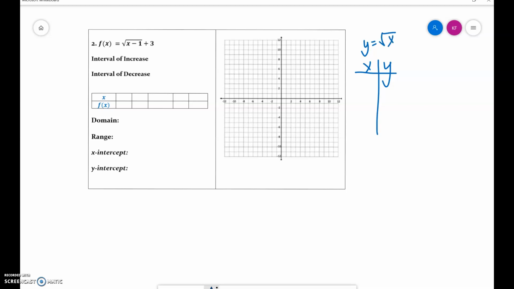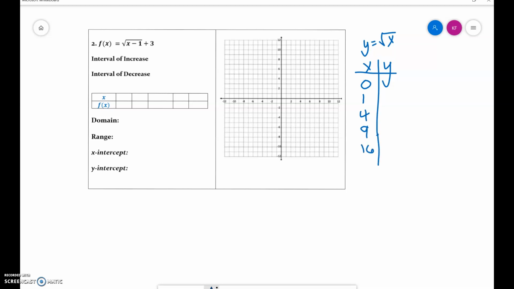of x. And when you make a table of values, an XY table, it's really convenient for you to select perfect squares for x, such as 0, 1, 4, 9, 16, and so forth.